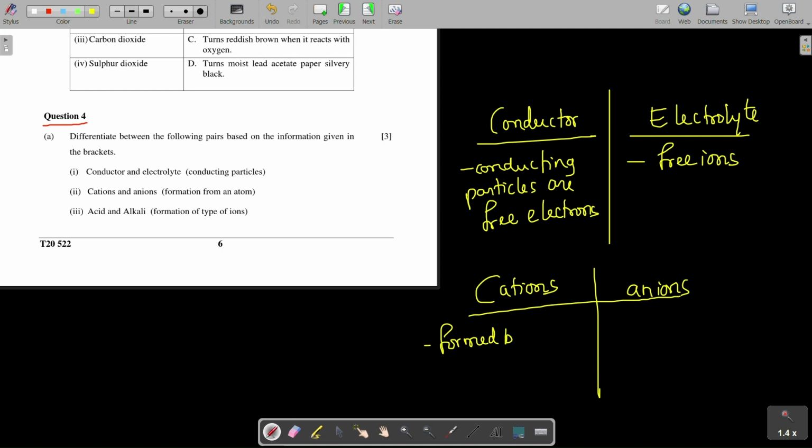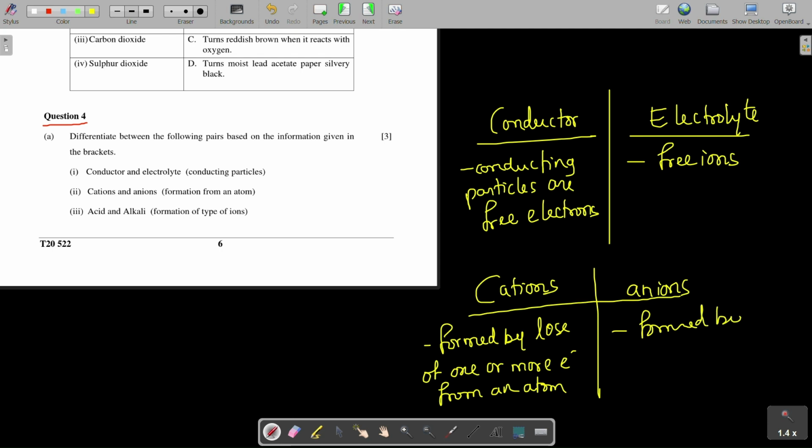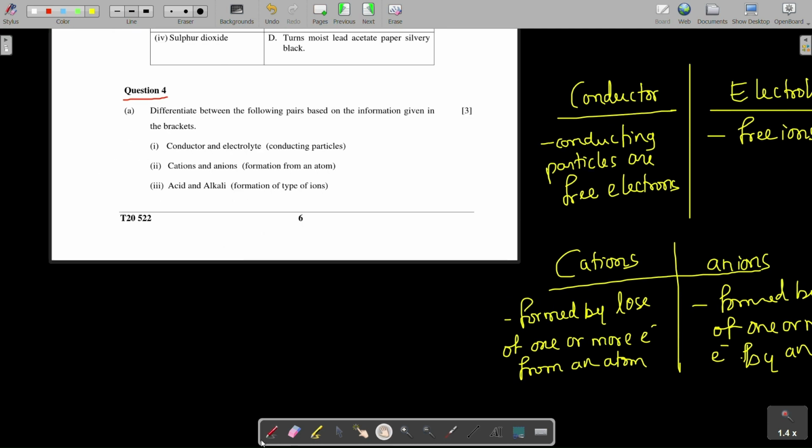So cations are formed by loss of one or more electrons from an atom, usually metals. Anions are formed by gain of one or more electrons by an atom. Okay, very simple question. Acid and alkali, formation of type of ions. So acid we know, and alkali is the soluble base.